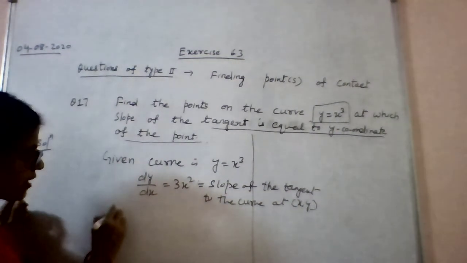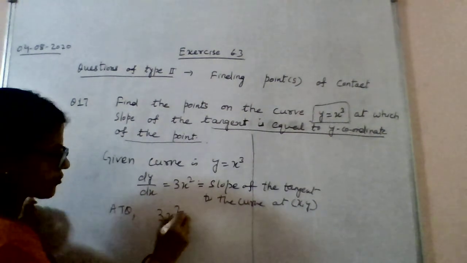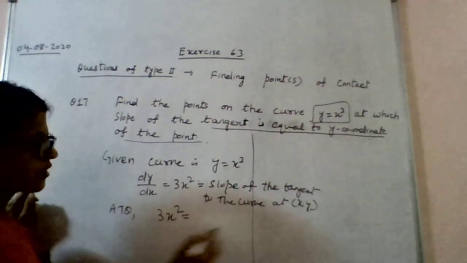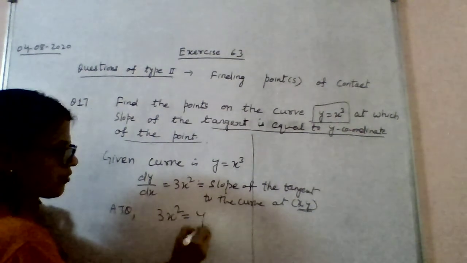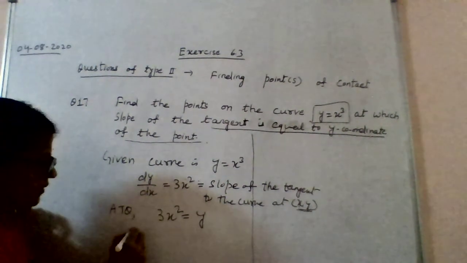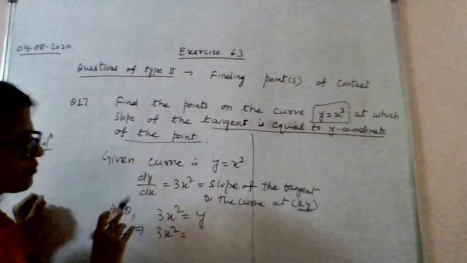According to the question, 3x square equals the y coordinate of the point. We are taking the point as (x, y), so the y coordinate of the point is y.